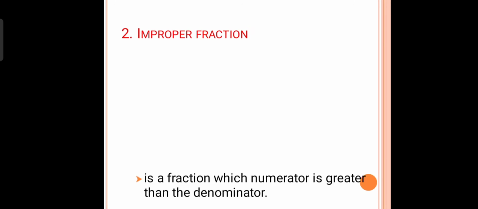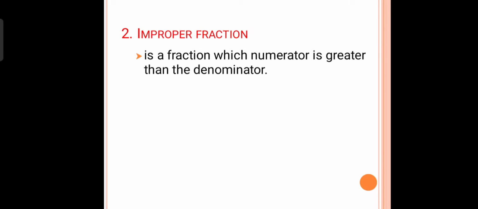Another kind of fraction, improper fraction. What do you mean by improper fraction? It is a fraction whose numerator is greater than the denominator. Example, 2/1, 4/3, and 7/5. So, improper fraction is the opposite of proper fraction.